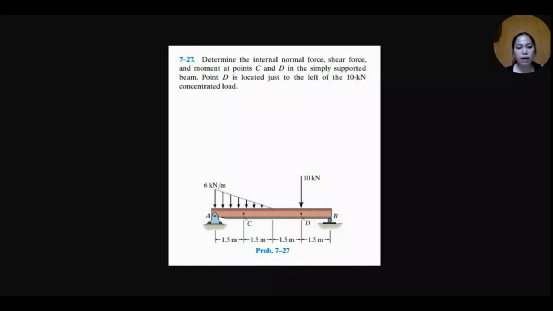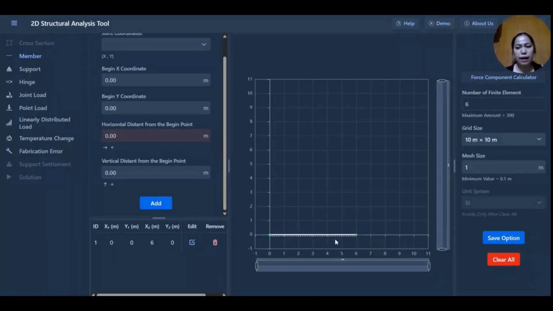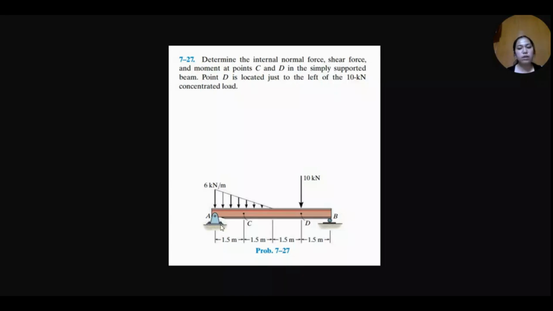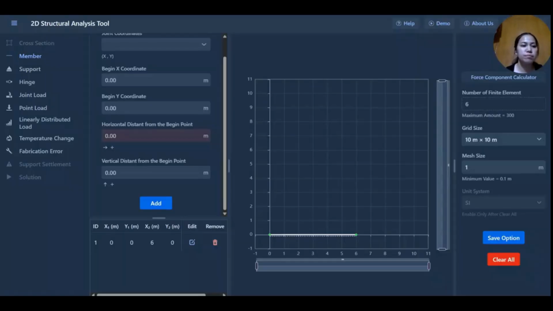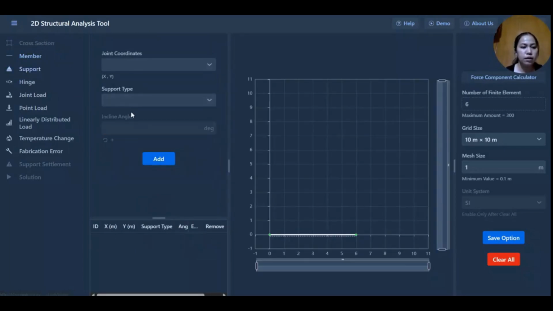So now after we draw the member, we can add the supports. There are two supports on this member. The first one is a pin support, and the other one is a roller support. We can see here, this is the support section. So we just click here, and then click join coordinate.